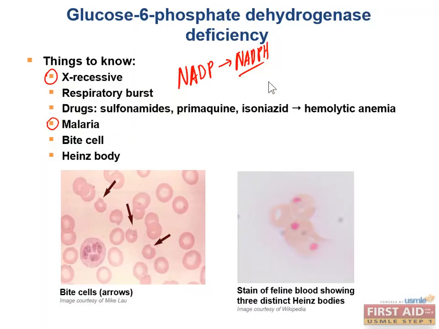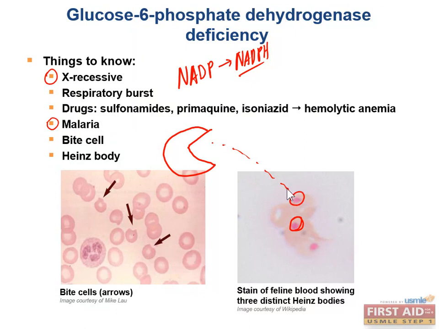Now, here we're going to see a Heinz body. When you can't protect the cell, you get oxidized hemoglobin, and that oxidized hemoglobin precipitates within the cell into a Heinz body. You see these Heinz bodies here. Alright, so we've got a phagocyte here. They're going to come along, they're going to eat these Heinz bodies, and then thus you get a bite cell.